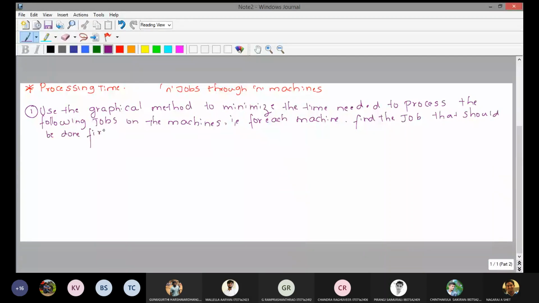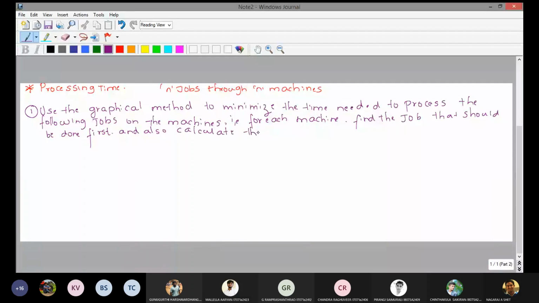Our intention is that it should be done first. Why are we doing that first? It should be the sequence, minimizing the time. It should be in a continuous process, the CIM, we can say continuous improvement process. What we are going to say in the industries is that it should be done first. And also we have to calculate.